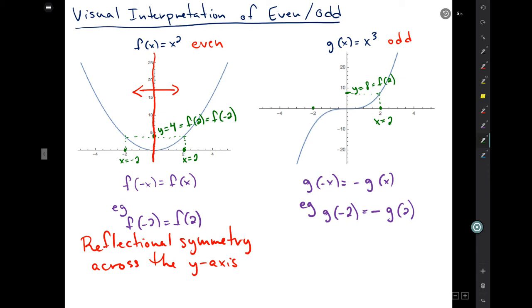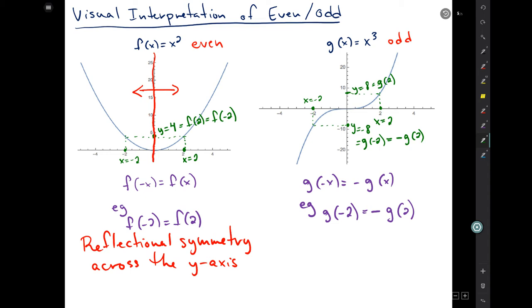And if I look at x equals negative 2, this is equal to negative 8. So this is y equals negative 8, and this is g of minus 2. I'm calling my function g, actually. Let me change that. This g of minus 2 is indeed negative g of 2 because it's negative 8.